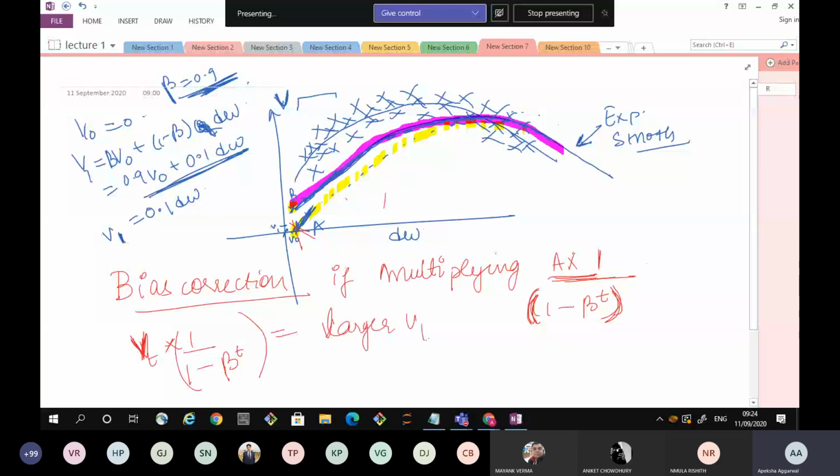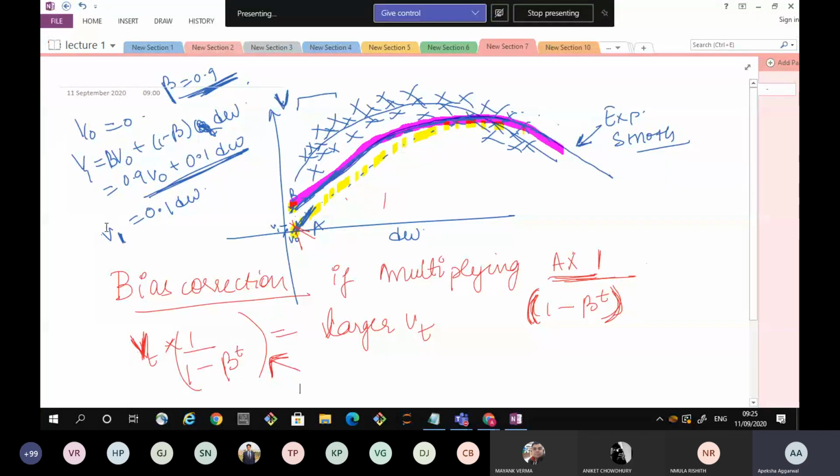So this is the calculation that you already have. Why is this bias correction done? Basically to shift the yellow line to the pink line. And why is it shifting? Because it is starting from 0 and from a very low point, because initially V naught is 0. We cannot change that. So instead we update V1 by multiplying it with this larger number.